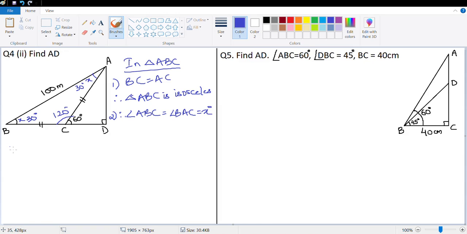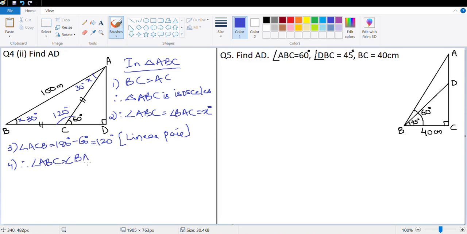Next, point number 3 would be angle ACB is equal to 180 degree minus 60 degree is equal to 120 degree. Reason is this is a linear pair. What it means is, therefore angle ABC is equal to angle BAC is equal to 180 degree minus 120 degree upon 2. So this is 30 degree.